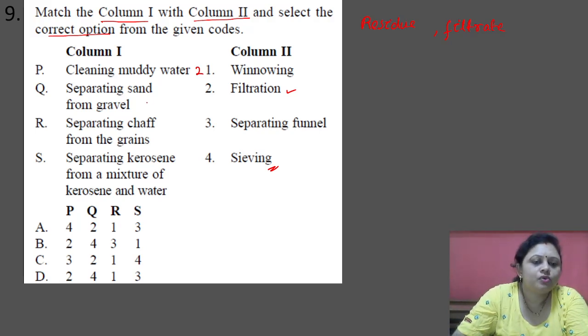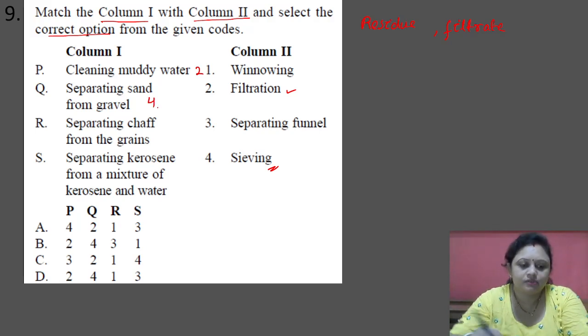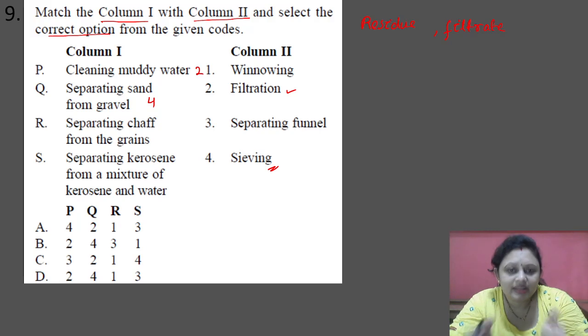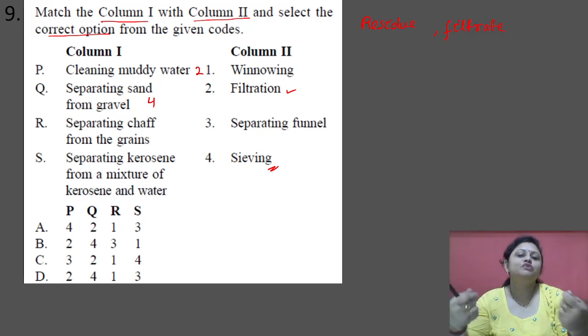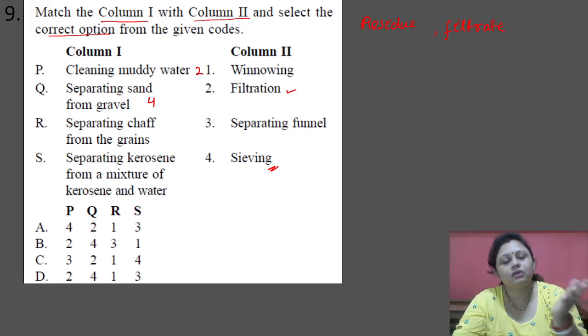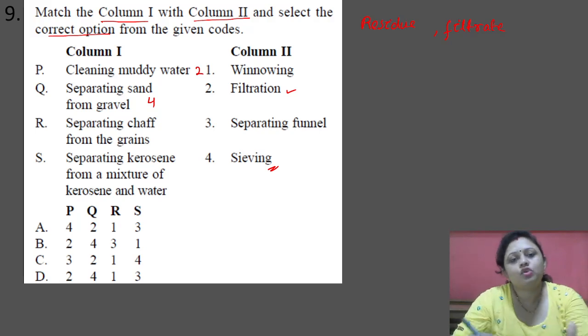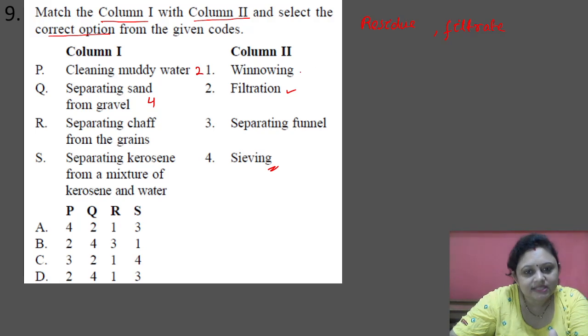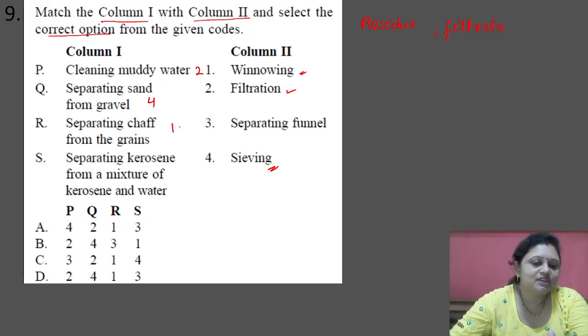So we can write here 4. Then separating chaff from the grains. When the grains are there, some chaff is there. So we separate it with the help of wind. The name of the process is winnowing. So we can write here 1.